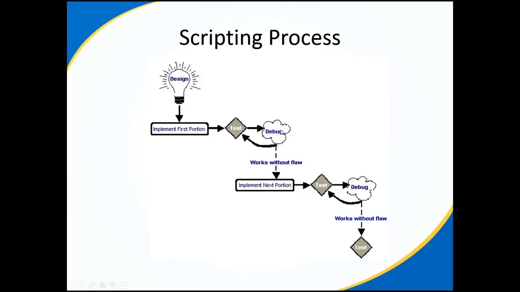This allows you to debug line by line, which is really the best way to go about designing an experiment, especially when using script, because you don't want to get to the end and have an error message and 100 lines of script. So definitely work by first doing the first portion, debugging it, and then implementing the next portion.